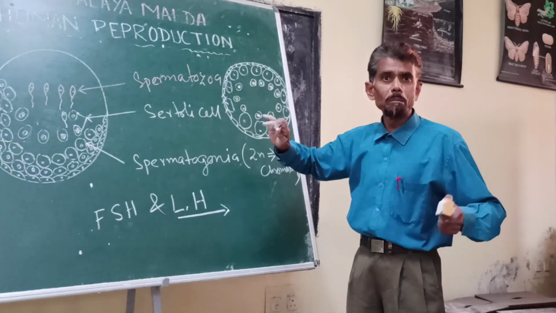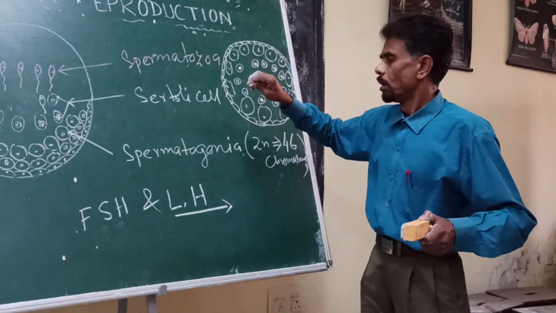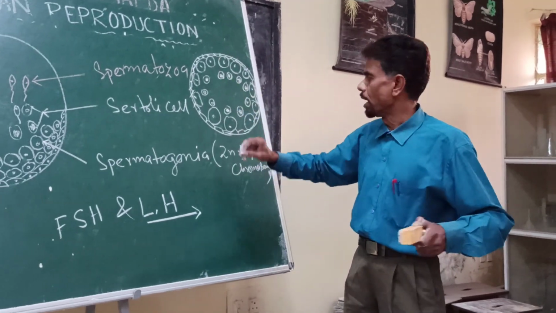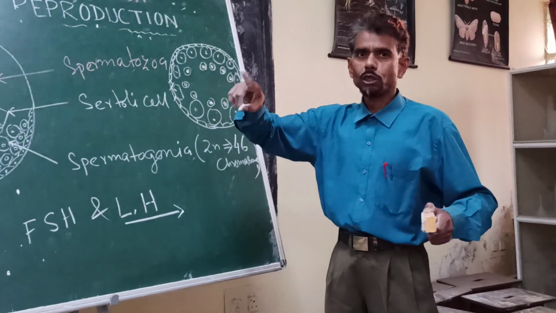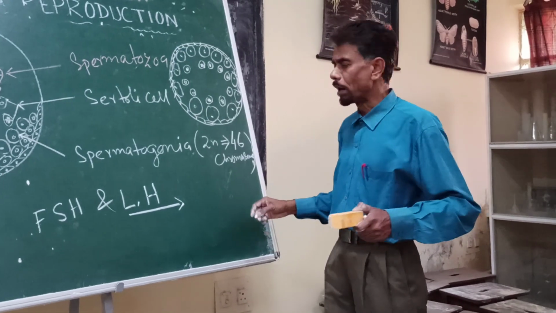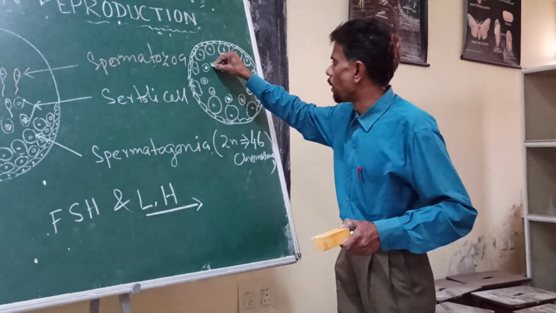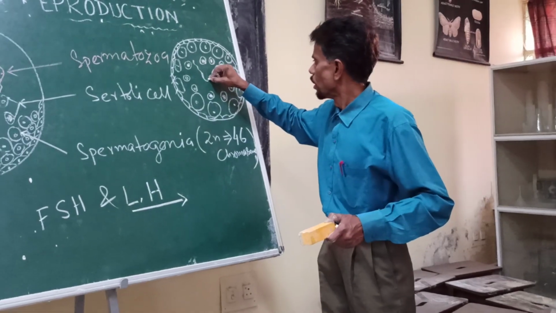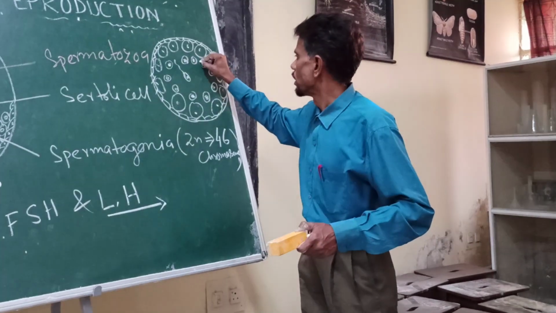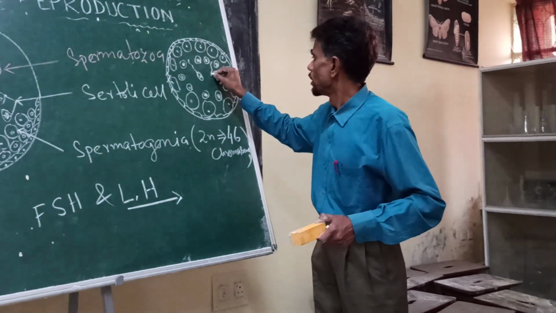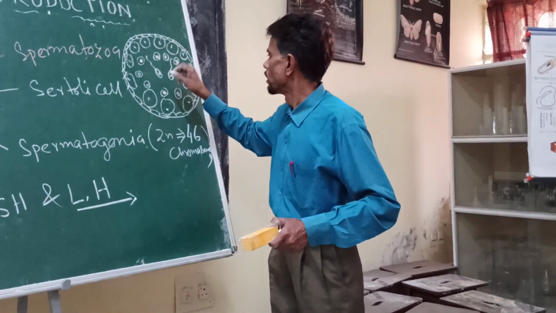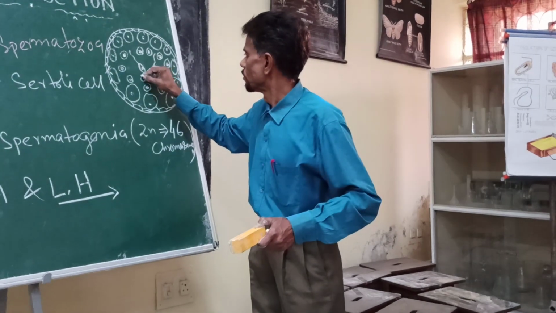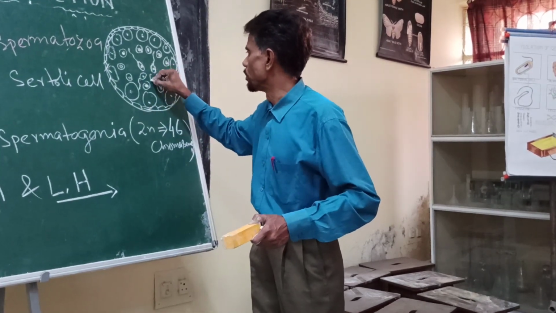Once the sperm become mature, they get a completely new, fully matured tail, with the sperm head covered by a chromosomal cap. It is now migrating towards the lumen of the seminiferous tubule.